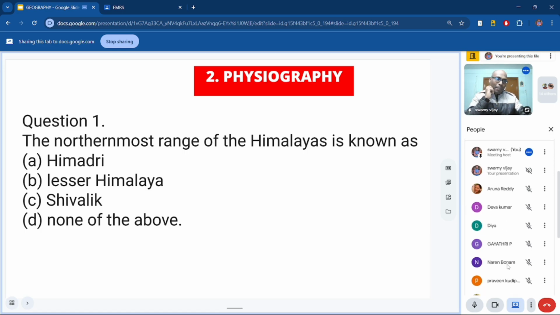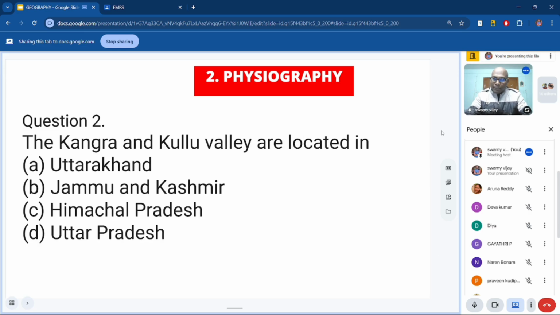Somebody has said C. The northernmost range of Himalayas is Himadri. Then Himachal, the second layer, and the third layer is Shivalik. Himadri is the northernmost layer, and then comes the Himachal, and then comes the Shivalik. Okay. Next question. Dev Kumar.